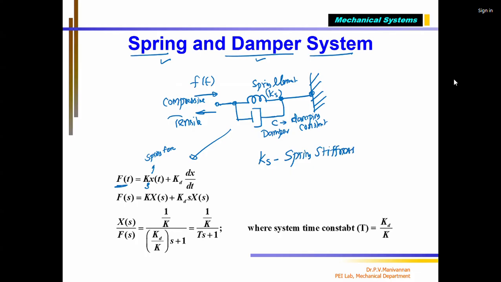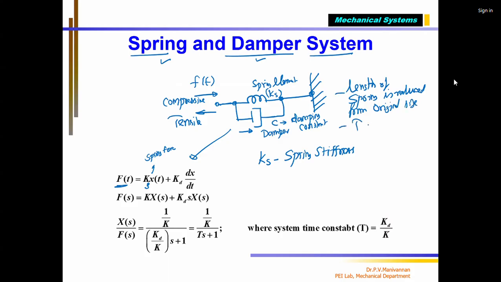Okay. Then X of T: if I apply a force, what will happen? The damper also will move. If I apply, for example, a compressive force, the damper also will move, and the spring also gets compressed. The length of the spring is reduced from its original size.